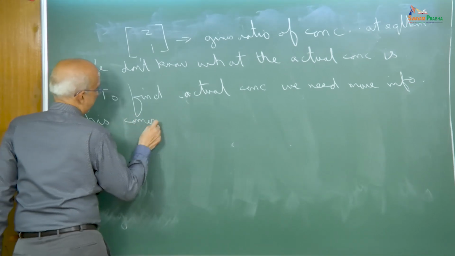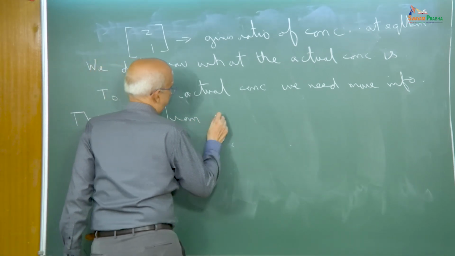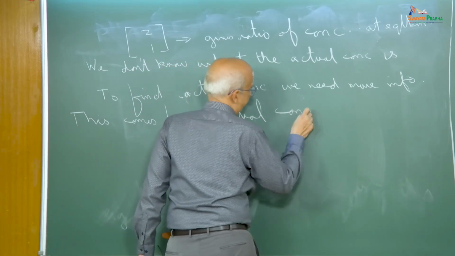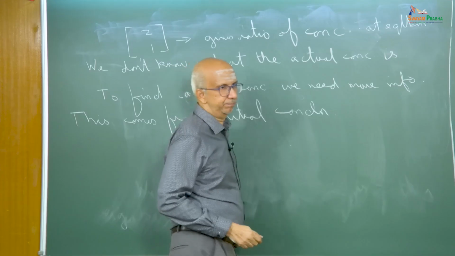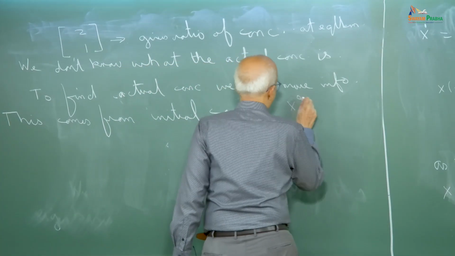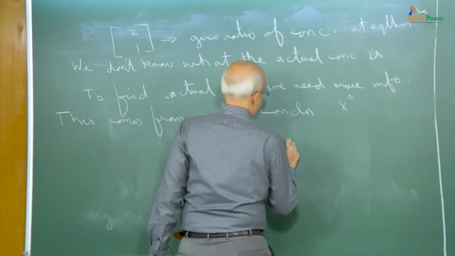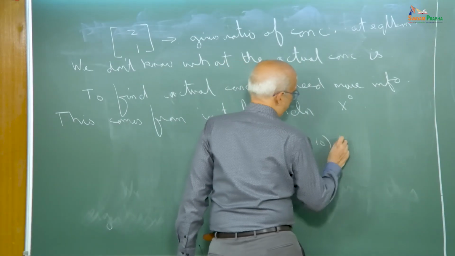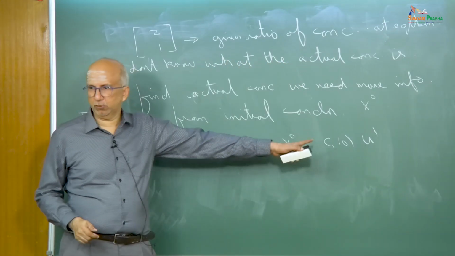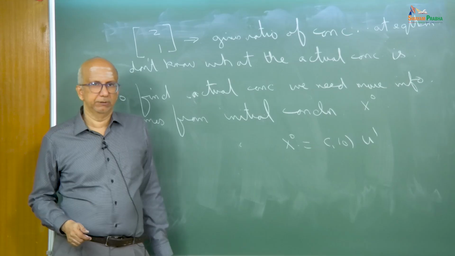This comes from the initial condition x naught, because then I can put x naught equals C1 of 0 U1. Okay, and I can use orthogonality and all that to find out C1 of 0.